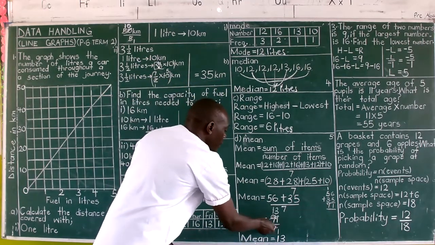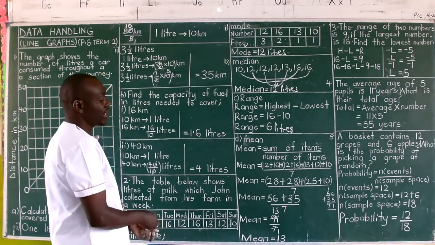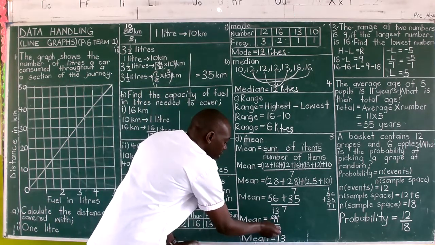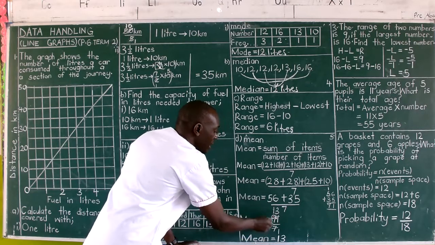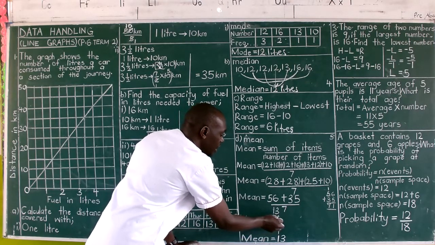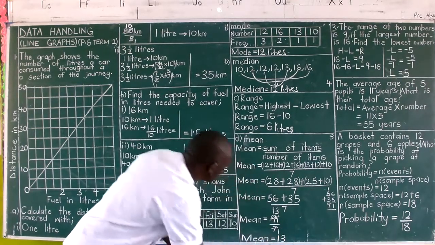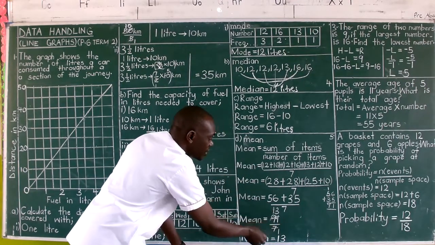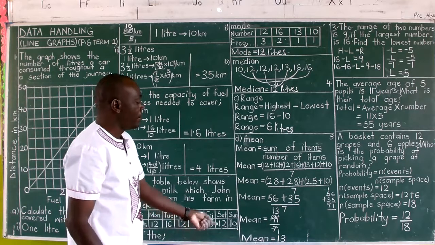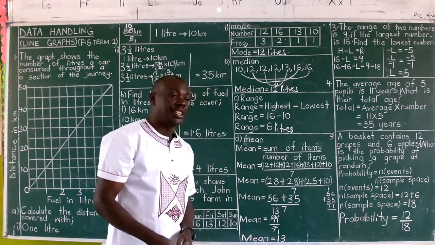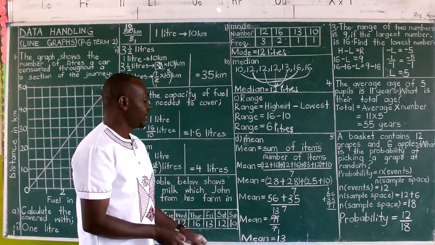So 91 is to be divided by 7. Start our calculations by 7. 9 divided by 7 is 1, remainder 2. It goes to the 1 and makes it 21. So you continue and say 21 divided by 7 you get 3. So our mean is 13, or 13 liters.